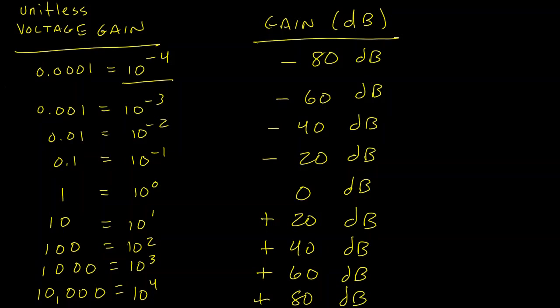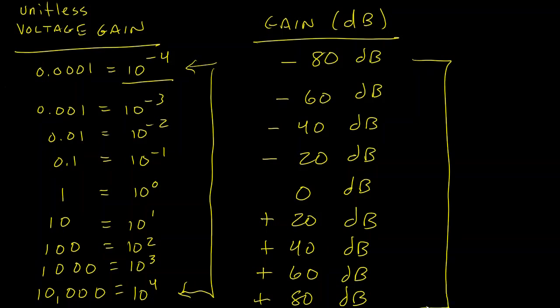I hope this gives you a little bit of insight as to where the decibel scale came from, why we use it, and essentially it gives us a way to compress. If we had to plot values on the range of 10 to the minus 4 all the way up to 10 to the 4 on a unitless scale, it would be virtually impossible. But it's not unheard of to be able to think of values ranging from minus 80 to plus 80 on a scale.